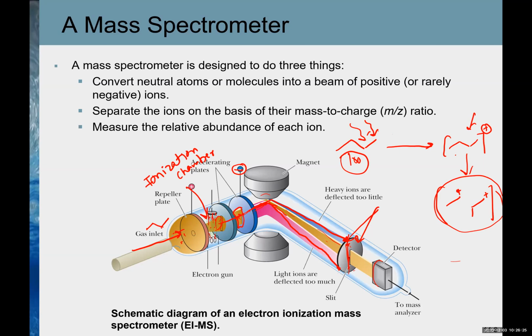So there will be a percentage range of how much molecular ion reaches here and how much fragments reach here. So all of them will have different percentages. Some fragments will have larger percentage, some will have smaller. So we'll get a bunch of lines, and I'll show you a spectrum.